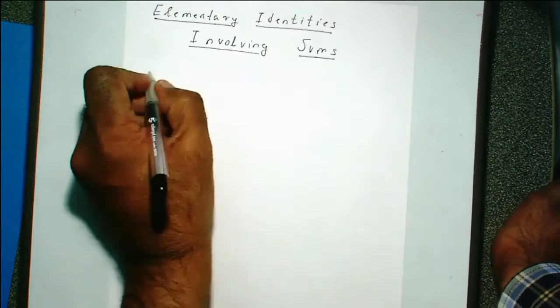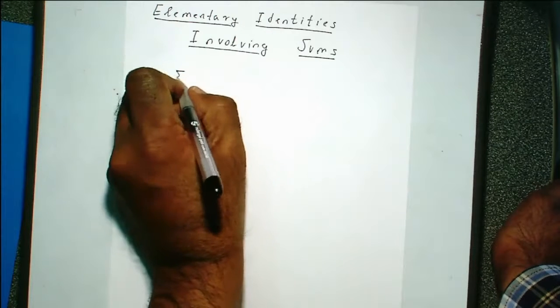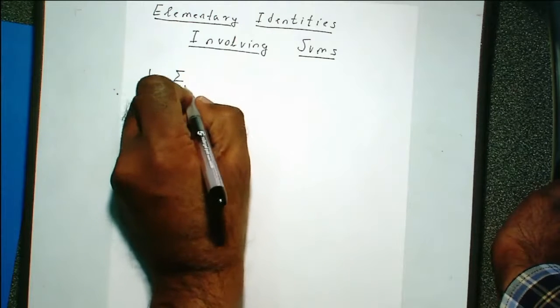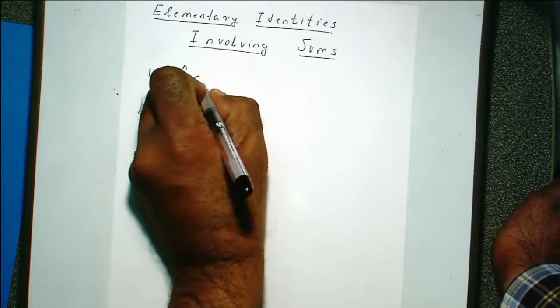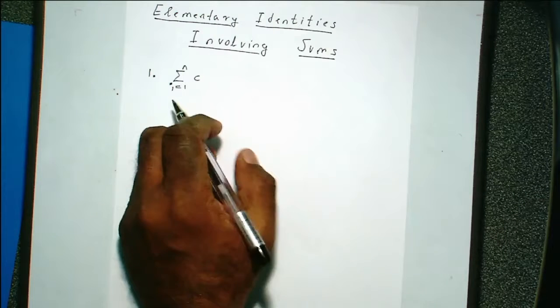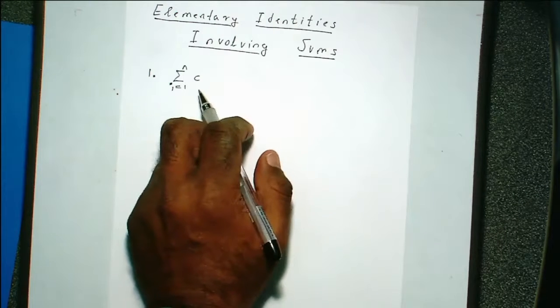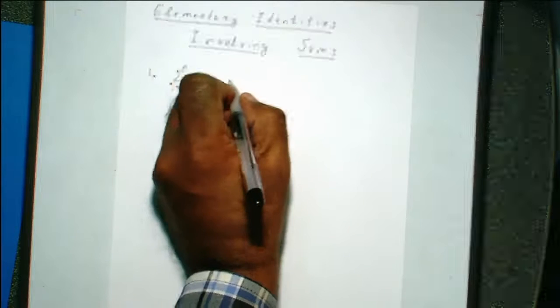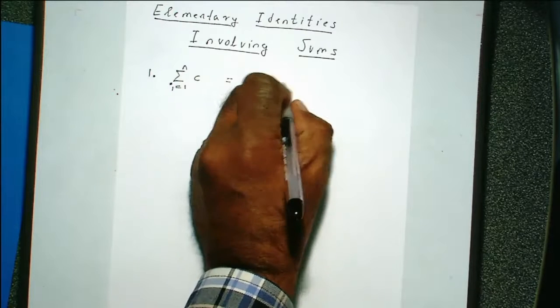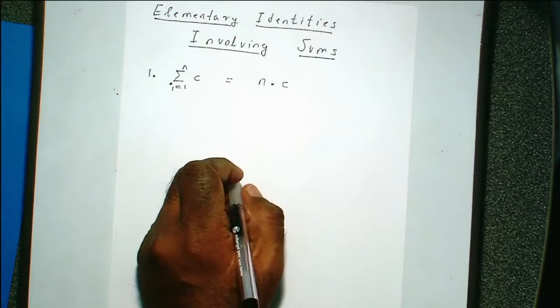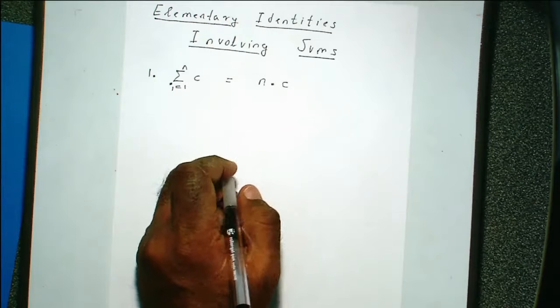You should have, number 1, a sum, i from 1 to n, of c. C is the constant. What is that equal to? n times the constant, right? I'm sure you know that. Yeah?